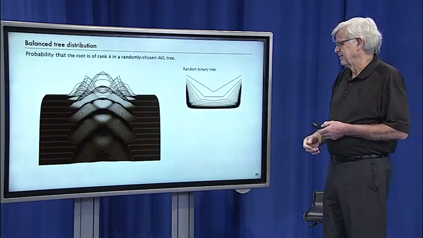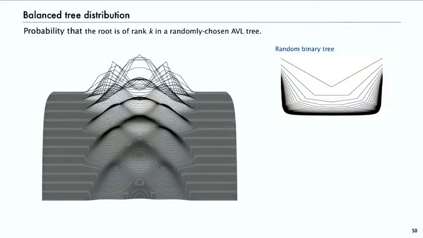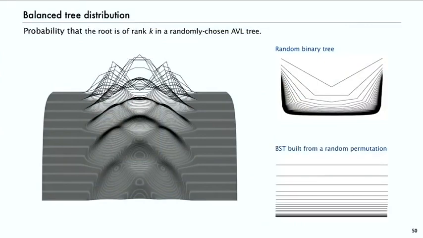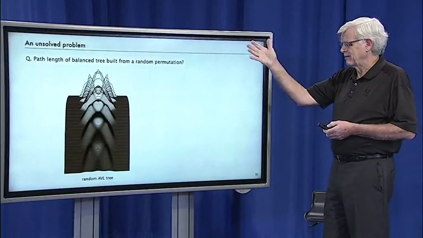So there's that one. And that's good because remember, for random binary trees, we had the Catalan distribution where it was not balanced at all. It was more likely to be unbalanced. And for random permutations, it's just flat. So this looks good because at least it's trying to make the root at the middle. But still our challenge is to analytically characterize that. And that's an unsolved problem.